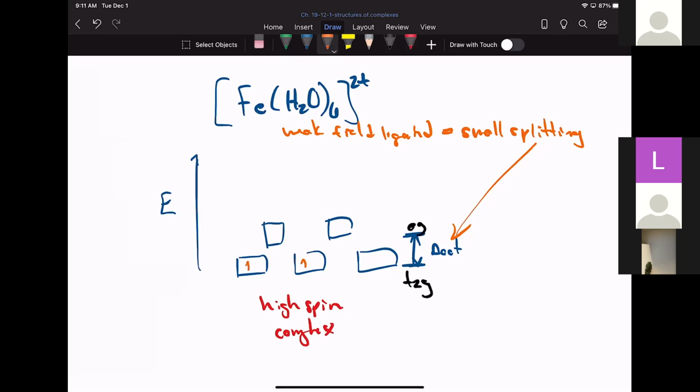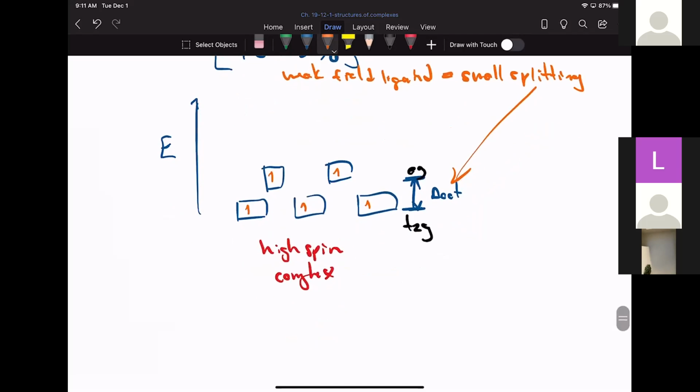If I have 6 electrons in a high spin complex, we're going to be able to get those electrons into the EG because there's a small splitting difference here. High spin complexes don't minimize the number of unpaired electrons. I need 6 electrons, so I think I left one out here. So what happens with this high spin complex?